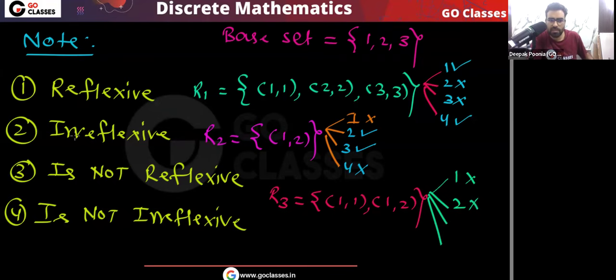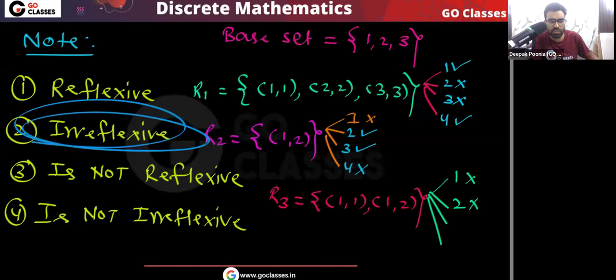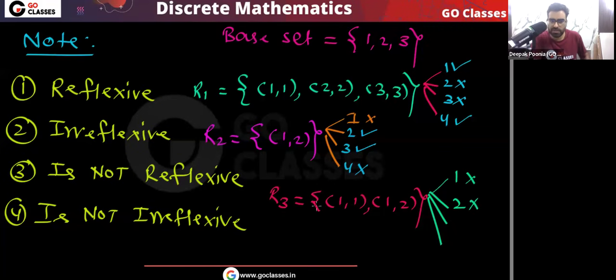Irreflexive means containing no reflexive pair. Does this relation satisfy property 3? Is not reflexive. Yes, property 3 is satisfied. Property 4, is not irreflexive. Yes, property 4 is satisfied. I hope you are getting the point.